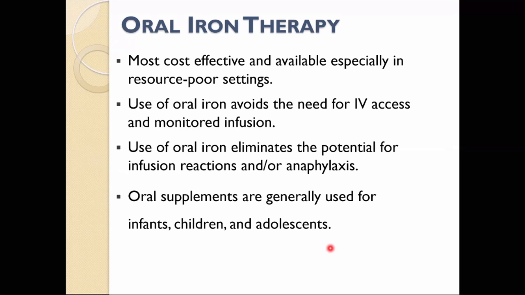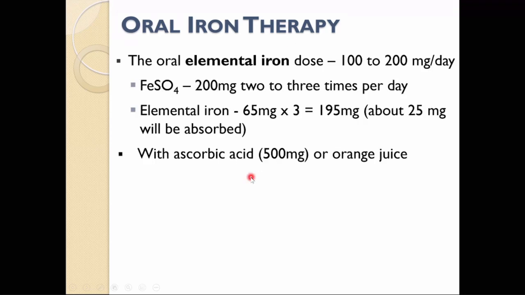So administration is much, much easier and much, much less expensive compared to IV iron. Because of that, it also eliminates the potential for any infusion reactions or anaphylaxis or allergies. And oral supplements can also be used in infants, children, and adolescents as well, right? So these are the advantages of oral iron.